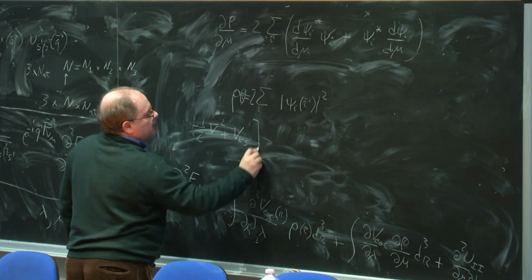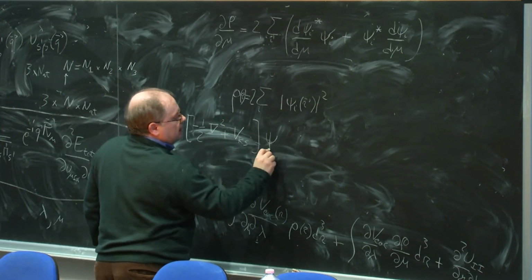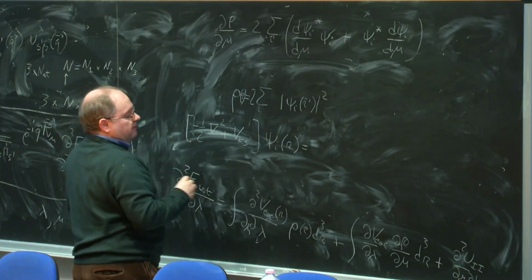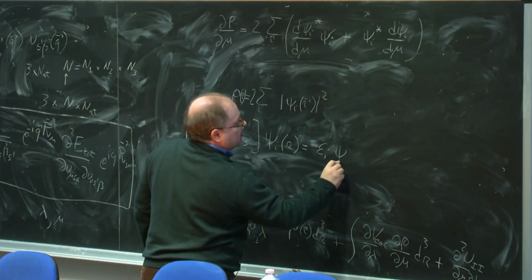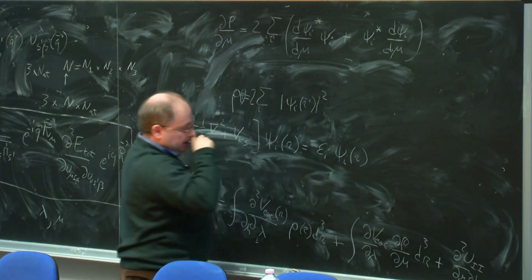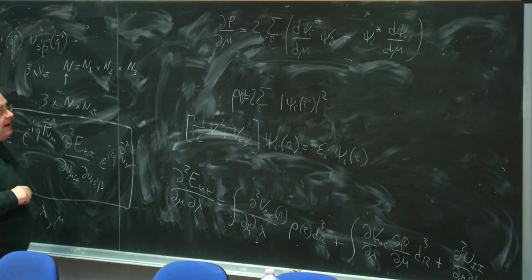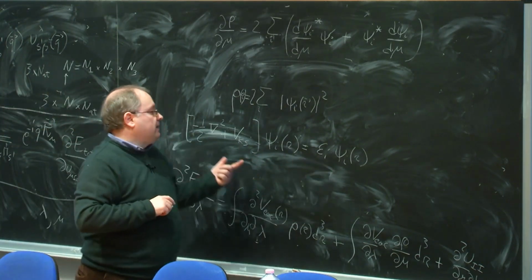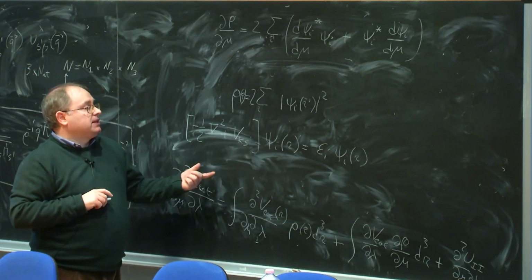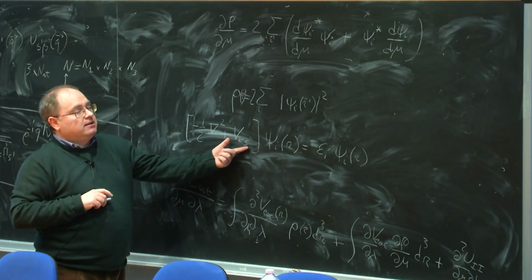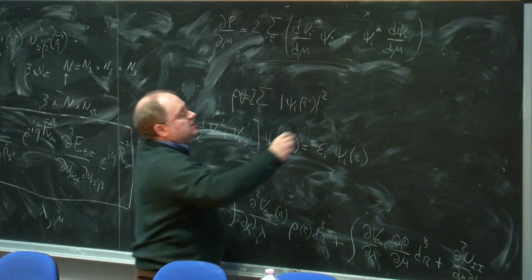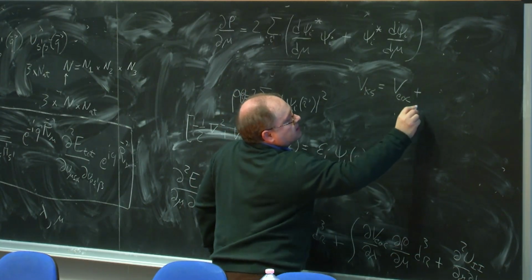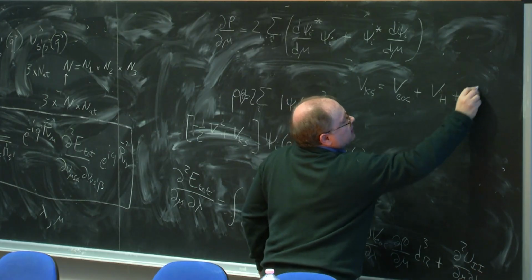This is the equation that you obtain minimizing the total energy with respect to the one-electron wave function, right? The one that gives you the equilibrium density. And now we think that both the wave function, the eigenvalues, and the Kohn-Sham potential depend on the parameter lambda. So the Kohn-Sham potential depends on the parameter lambda because V Kohn-Sham is defined as the local potential plus V Hartree plus V exchange and correlation.